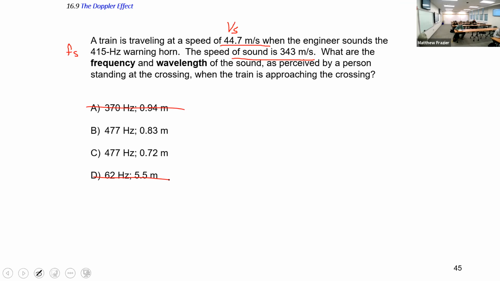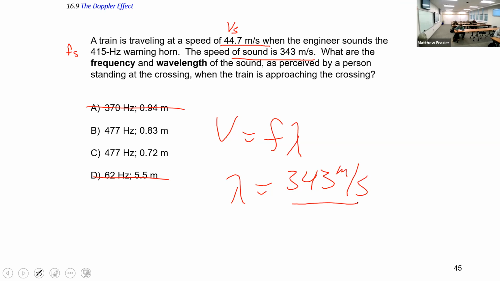But we have to deduce what the wavelength of the sound we perceive is. Well, that's fairly easy. We do v is frequency times wavelength. Wavelength is 343 meters per second over 477 hertz. And then you would pick one of these answers to be the right one. We don't actually know what that is, so I'm going to have to calculate it. It's probably C.